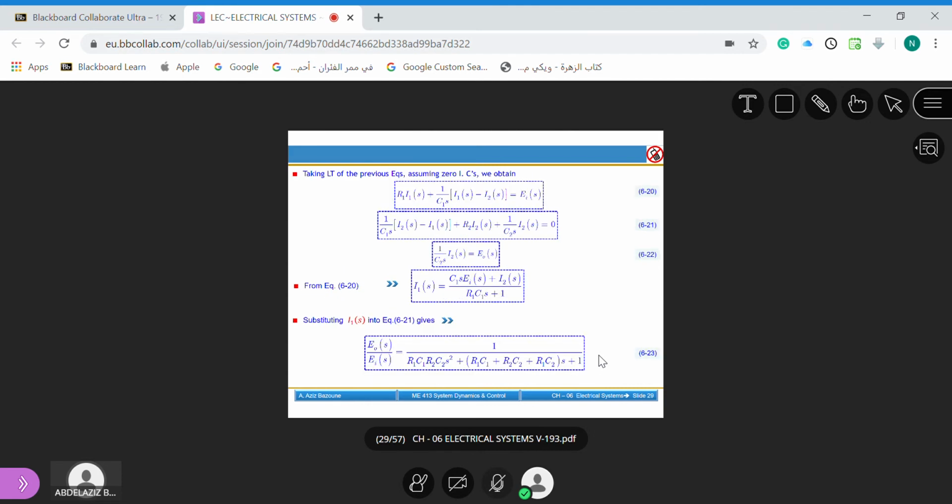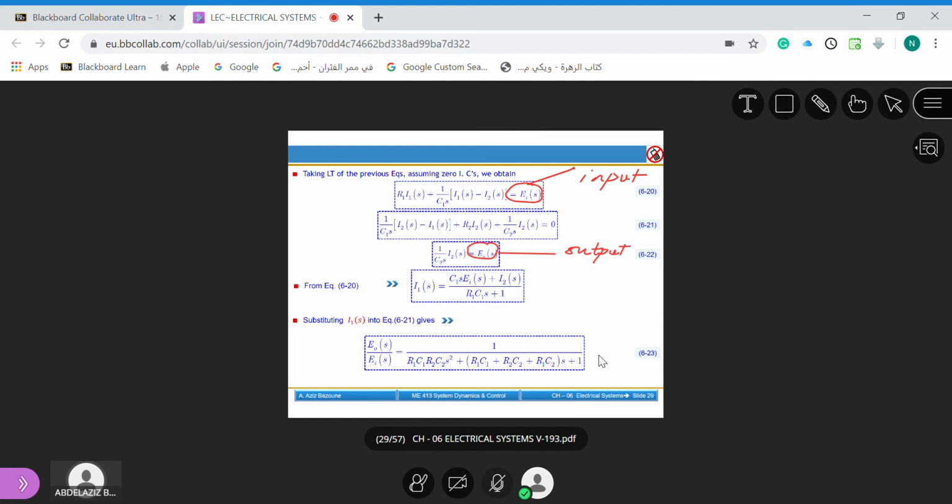If we take the Laplace transform of the first equation, we have R1 I1 plus 1 over C1 S times I1 minus I2 equal to Ei of S. Remember always that this is our input and Eo is our output.